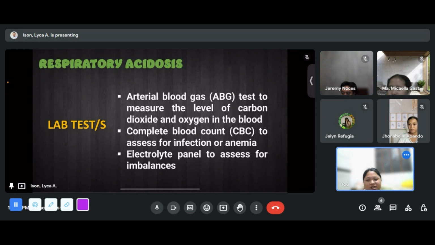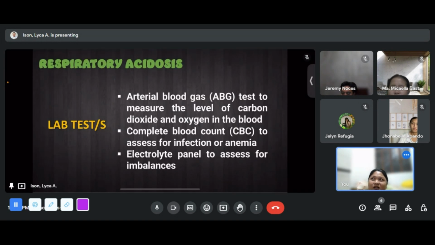Yung ABG kit 1, ito yung chinecheck nila kung yung sinabi ko nga kanina yung mga normal range ng mga acid-base balance, yung partial, ano na yun? Nakalimutan ko naman yun.